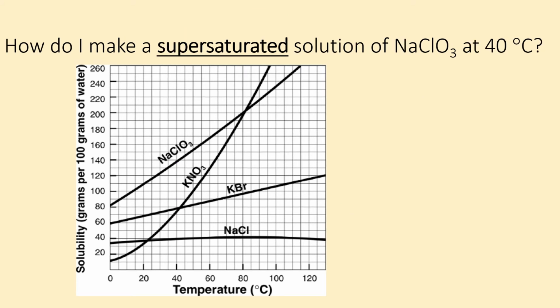Okay, this is where we get crazy. How do you make a supersaturated solution of sodium chlorate at 40 degrees? We cannot make it supersaturated at 40 degrees. All right, what we could do though is heat the solution up to a higher temperature.